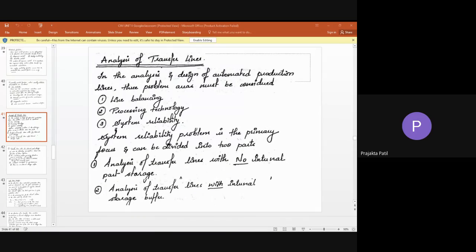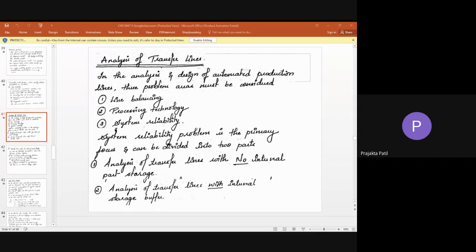In the last class, we had discussed the initial half part of unit 2. We have discussed what is automated production lines, what are the different configurations in automated production lines.